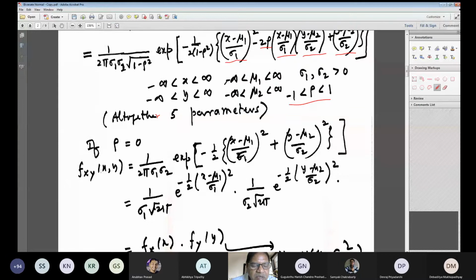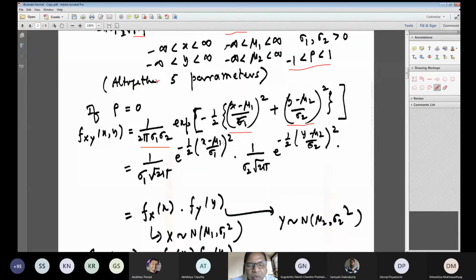So ultimately it reduces to 1 by 2 pi sigma 1 sigma 2, because this part rho is 0, and then e to the power minus half, and only these two terms will be left over: x minus mu1 by sigma 1 square, and y minus mu2 by sigma 2 square.